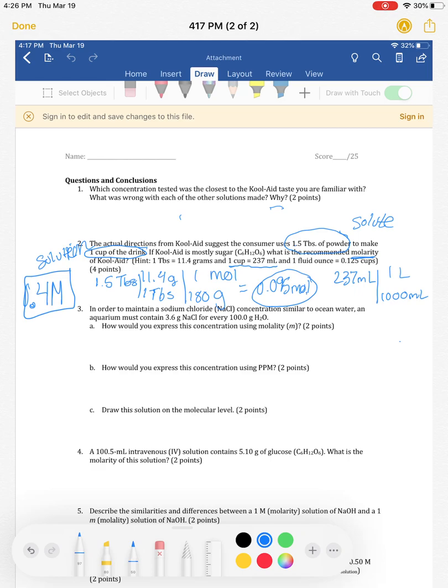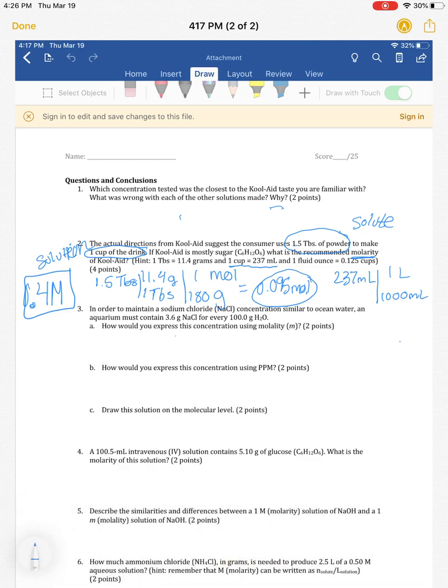All right, next one. How could you express everything using molality? For this one, molality is moles of solute, my NaCl, over kilograms of solvent, that's my water. So in this one, I needed to go from 3.6 grams of salt using the molar mass.